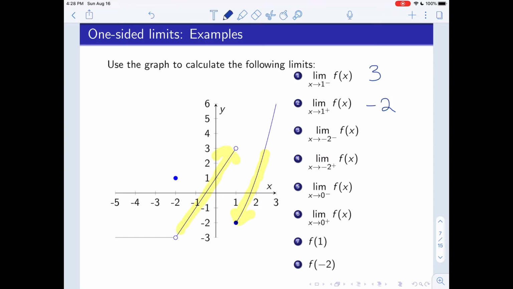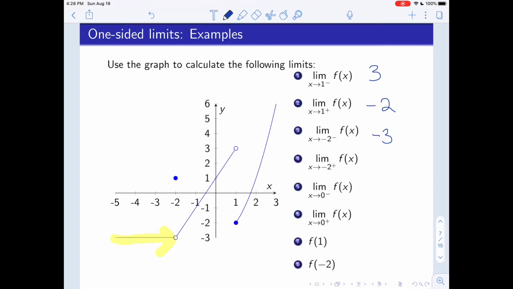So let me erase my highlights so that we don't get too confused here. If I look at -2 from the left, that means I need to look at this piece of the graph because I'm going towards -2, but I'm on the left side of -2. And those y values are all hanging out at -3. They're just the whole way across, the y value is always -3.